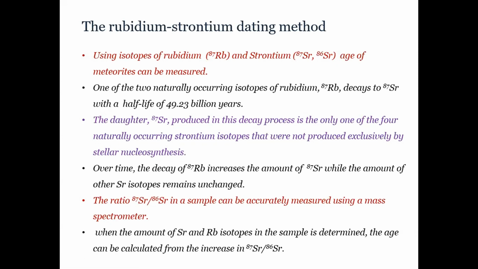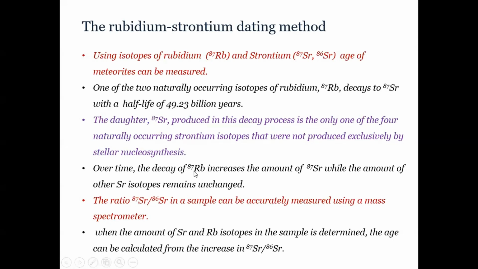Very large half-life. The daughter element strontium-87 produced in this decay is only one of the 4 naturally occurring strontium isotopes that were not produced exclusively by nuclear synthesis in the stars.